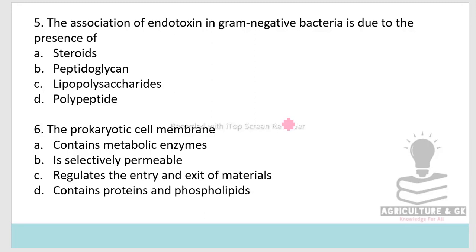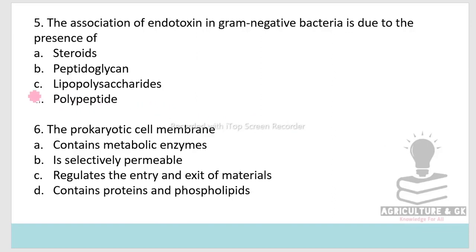So the biological activity of endotoxin is associated with lipopolysaccharide, and the toxicity is associated with the lipid component, and immunogenicity is associated with the polysaccharide component.